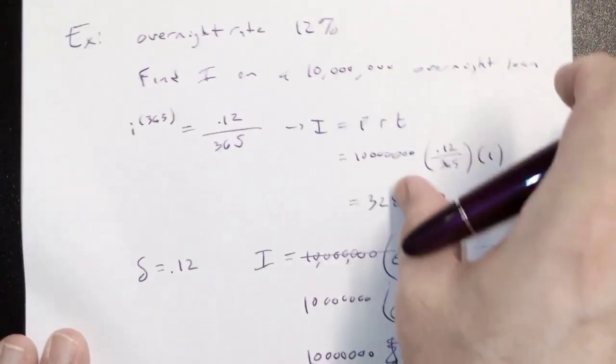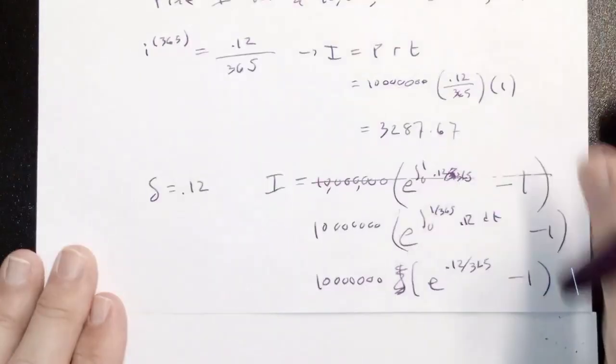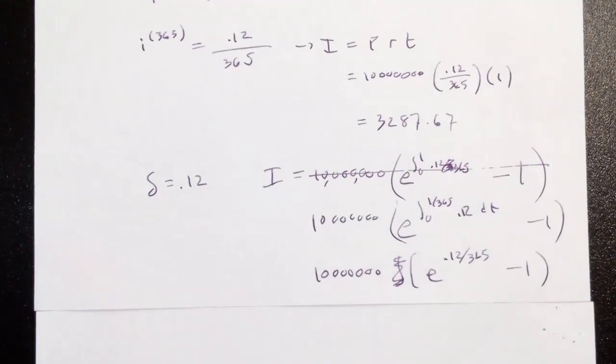For the integral, yes, what does the n stand for? The number of years we worked. How many years did we go? We went 1 day, 1/365th of a year. Yeah, because my rate is assumed to be annual, unless specified otherwise, when I'm doing force of interest.